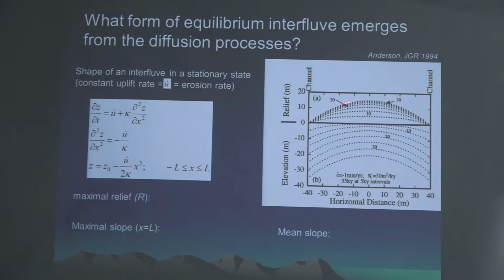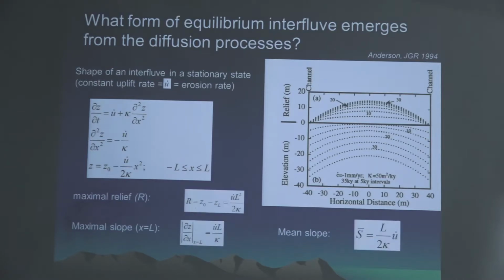So you can see here the equilibrium shape, and in this parabola the middle part of the crest is relatively flat, and it's steepening more and more when you arrive close to the river network. It can be shown in this kind of model that the relief, so the difference of elevation between the crest and here, will be proportional to the uplift rate divided by the diffusional coefficient.